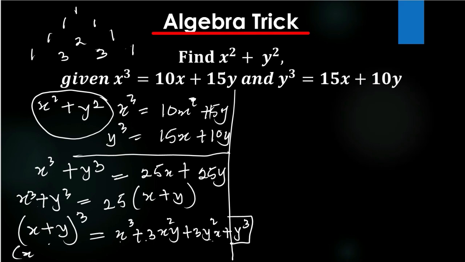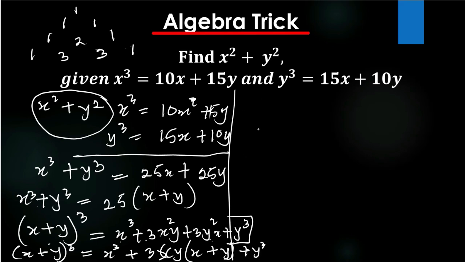So I can reduce, I want to make a formula for x plus y all raised to power 3. That will be the same thing as x raised to power 3 plus, I have 3 which is common to both, and I have x and y which is also common to both. That will be 3xy. So here I'll be left with x plus y. Now plus y raised to power 3.